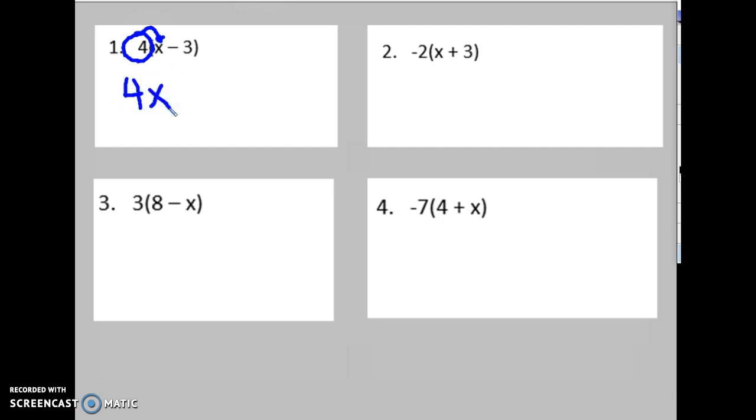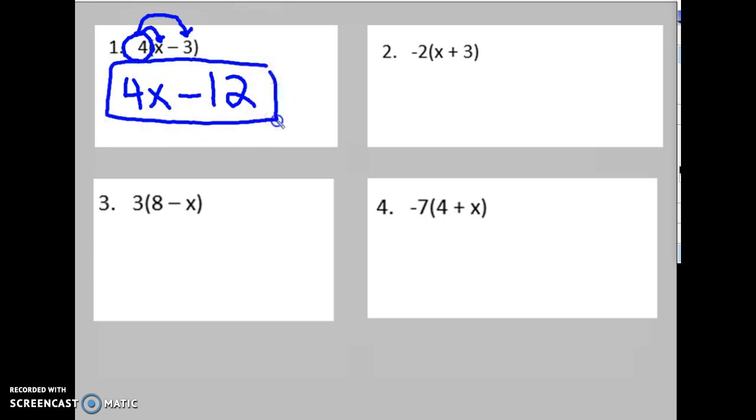We also have to distribute the 4 to the other item inside the parentheses, which is -3. So 4 times -3 is -12. So we're going to write -12. I have now simplified and come up with my final answer, which is 4x minus 12.